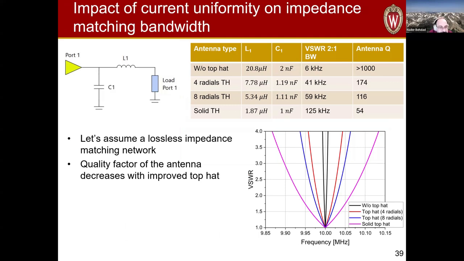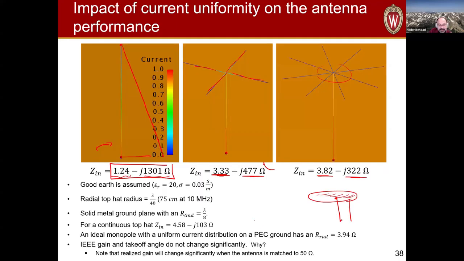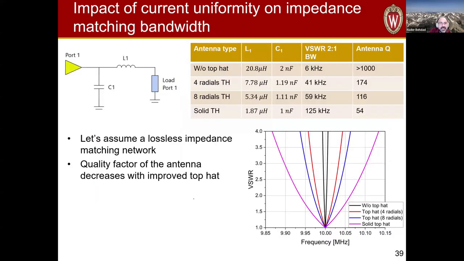So what is the effect of that? Let's actually look at what happens when we try to impedance match these different antennas here. So here, I'm assuming that we're looking at these different monopole antennas, and we are now trying to impedance match them with this simple impedance matching network. And I also am assuming at this point that this impedance matching network is a lossless impedance matching network.